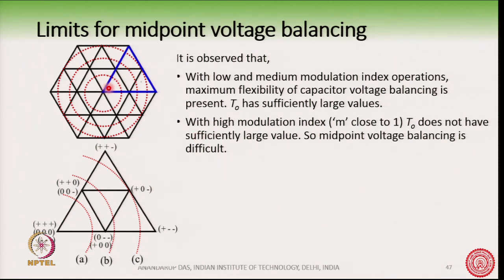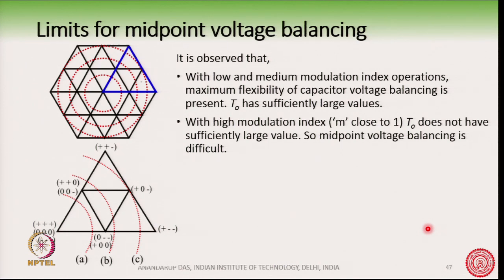This is for small modulation index, this is for medium, and this is for large modulation index. For the small one, a small voltage needs to be produced, for the medium one more voltage, and for the higher one the maximum voltage from the converter.